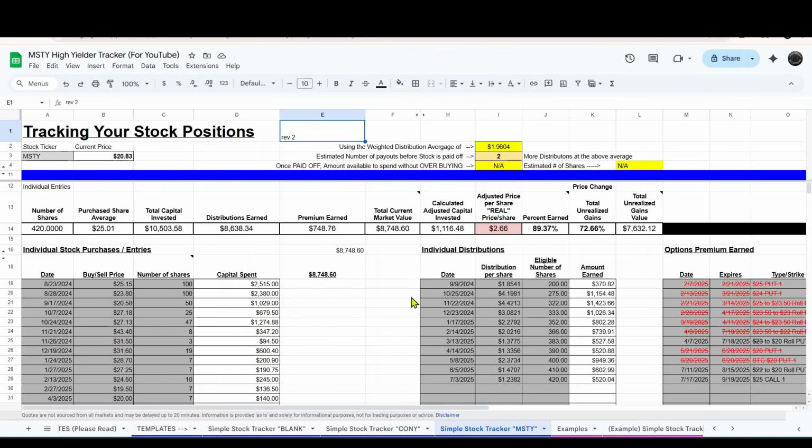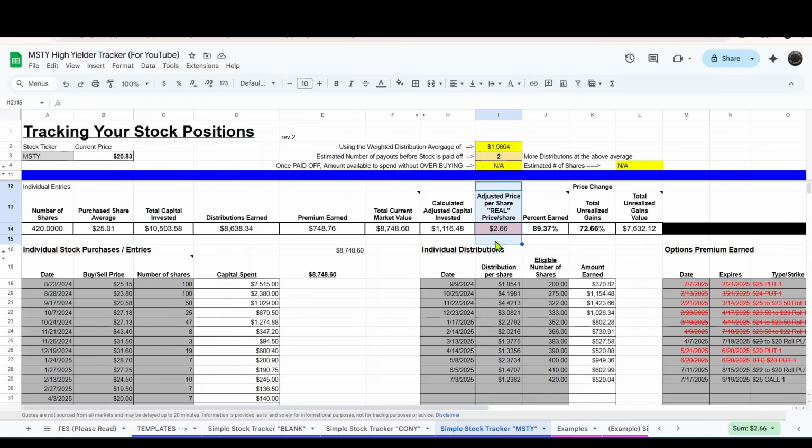Now, I've got several videos of what all this covers and what it shows, so I'm not going to necessarily go back through all of that, but I do want to point out the one thing that I always like to use, and the most important for me, is this adjusted price per share. That's my real price per share, right?